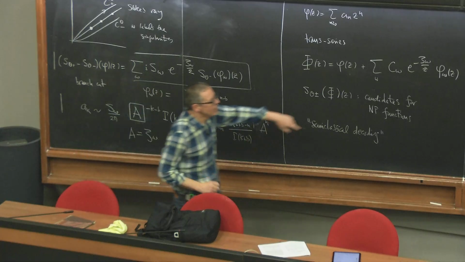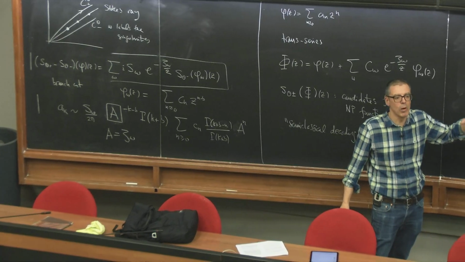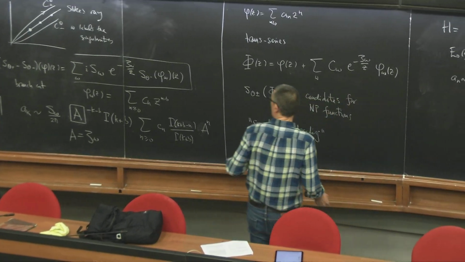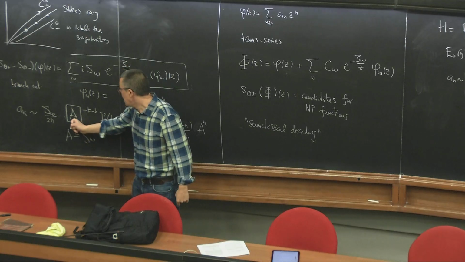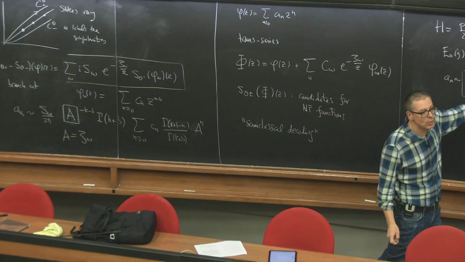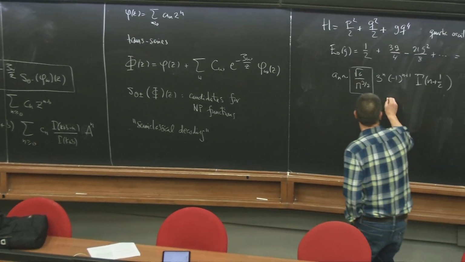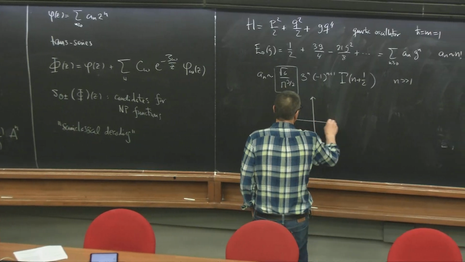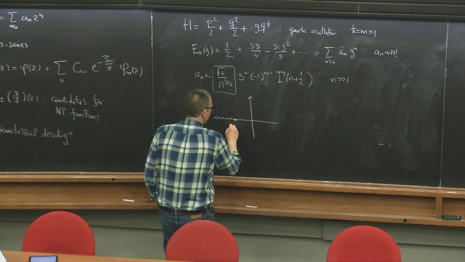Now, remember that any large order growth formula can be rewritten as a formula for a singularity in the Borel plane, right? So A gives you the position of the singularity. Here we have (3n minus 1)^n. So this means that in the Borel plane, let me write it here, there will be a singularity at minus 1/3, okay?